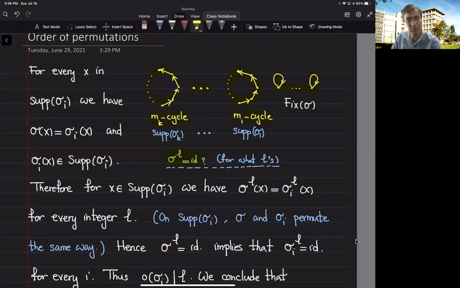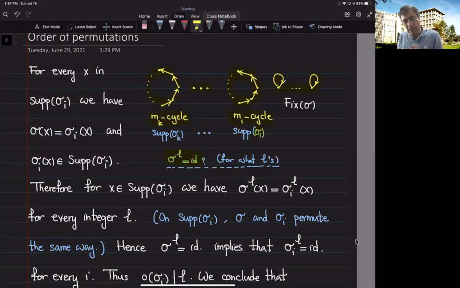For the other ones, I need to follow the flow. So if x is here, no matter where in this cycle, if I want to get back to itself, I need to go a multiple of m1 times. Alternatively, I can say that when I start with some point over here, the way that sigma is applied to it is similar to what sigma 1 does to this one. If I go to the next cycle, I have to ask myself what sigma 2 does, how I'm rotating.